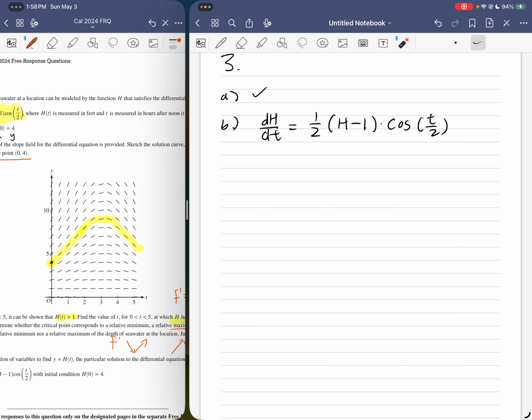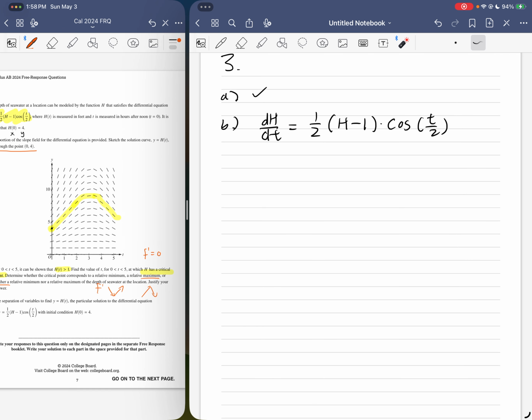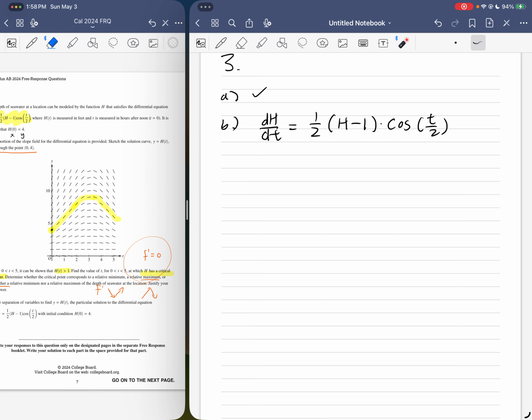What we want to know is, for the critical point, we know this one should be equal to 0. So instead of dh dt, I'm going to put 0 equals 1/2 times h minus 1 times cosine of t over 2. What we know is that h is greater than 1.